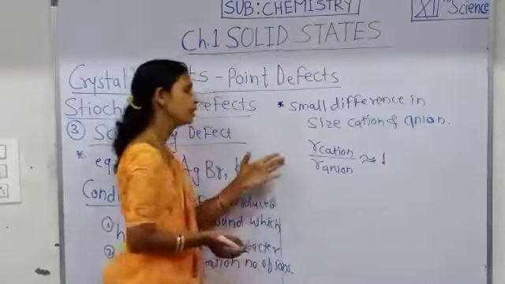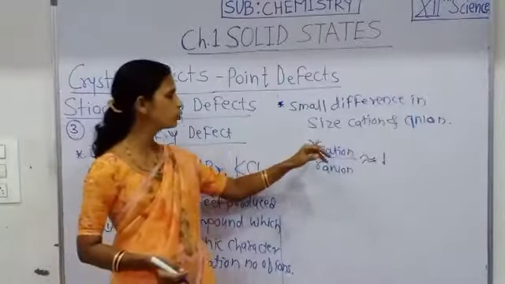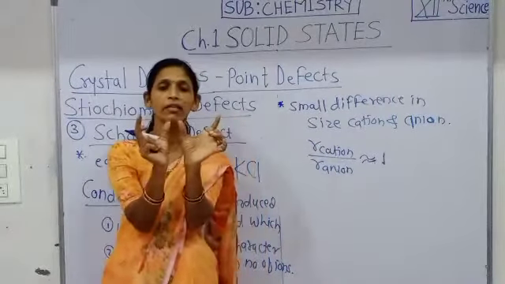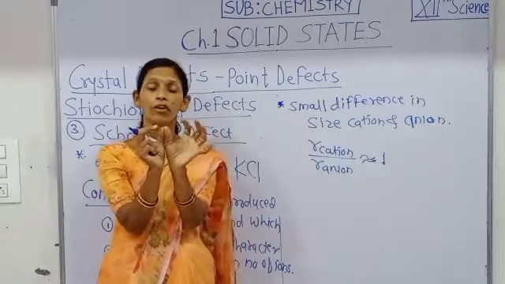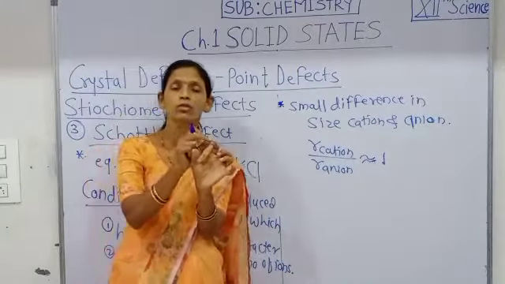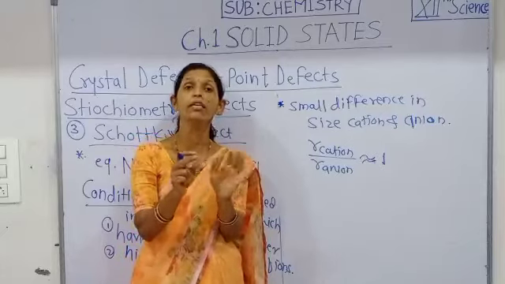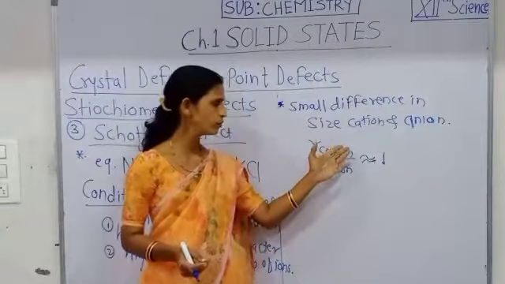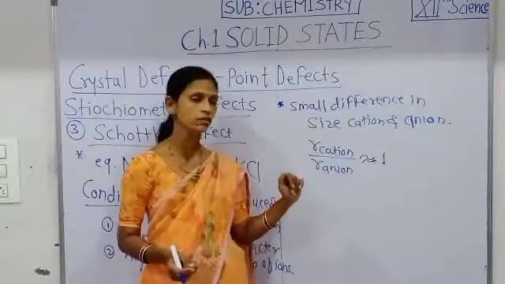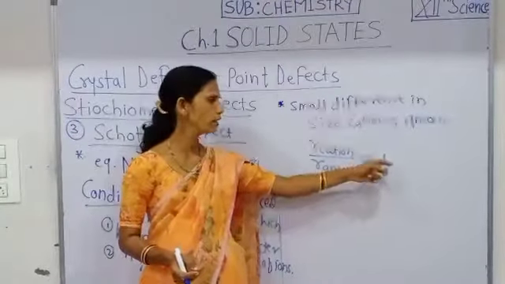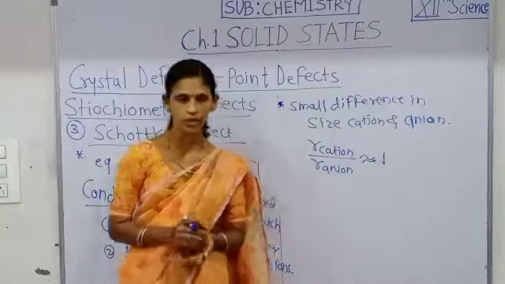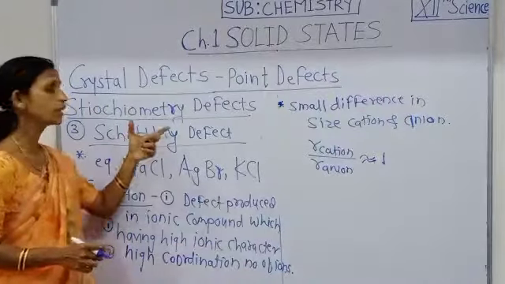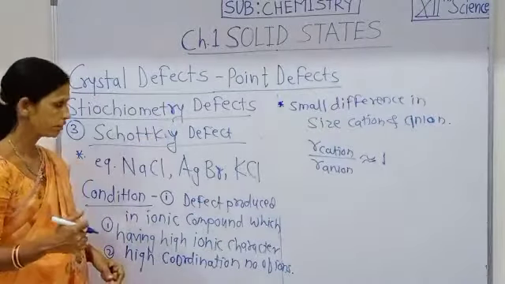That means it is nearly equal to 1 because the difference in the size of cation and anion is very small. Those sizes of cation and anion are nearly equal, and therefore the ratio of ionic size of cation to anion is nearly equal to 1. In those types of compounds, Schottky defect is observed.